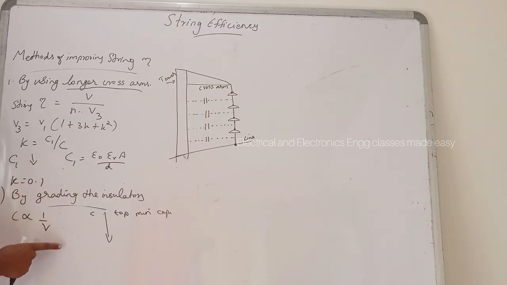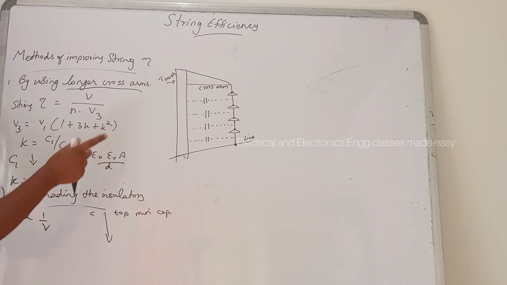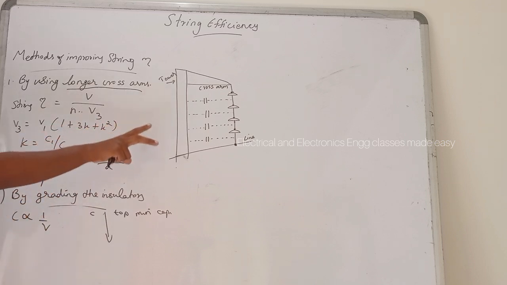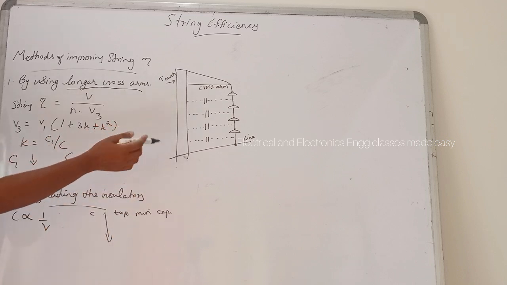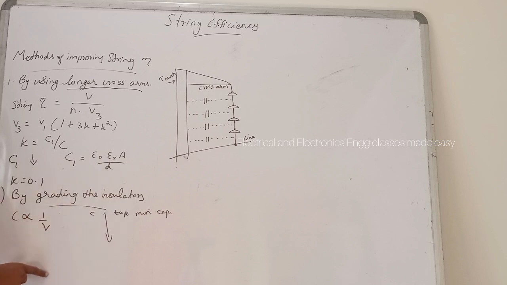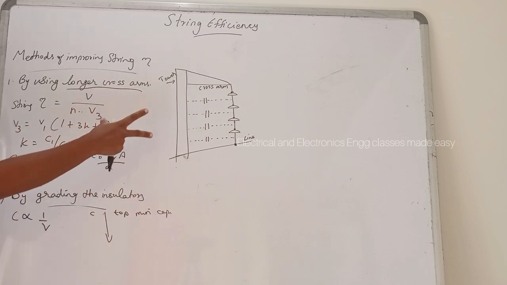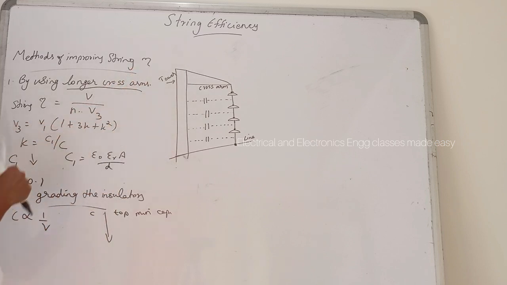So this method tends to equalize the potential distribution across the units in the string. This method has a disadvantage that a large number of different sized insulators are required because the capacitance values are different. So we need different sized insulators.